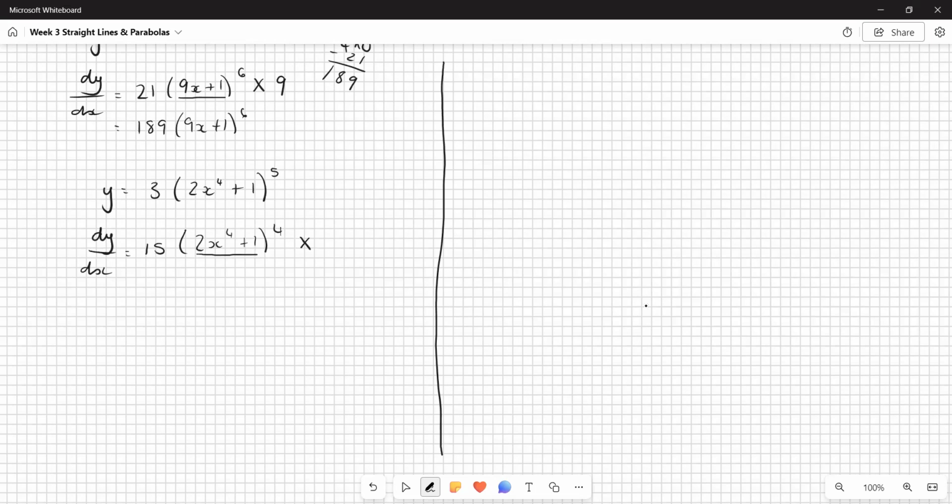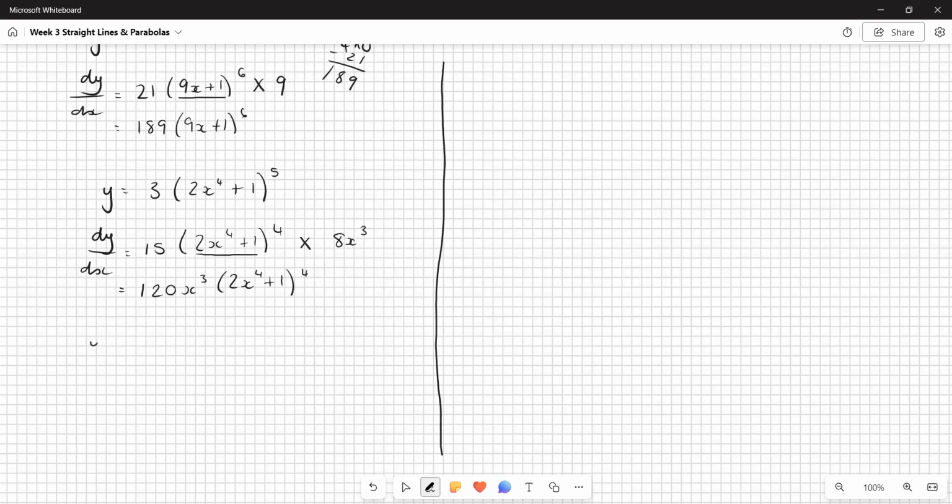The derivative of 2x to the power of 4 is 8x cubed, and the derivative of 1 is 0. So our final answer is 15 times 8, which is 120, x cubed times 2x to the power of 4 plus 1 to the power of 4.